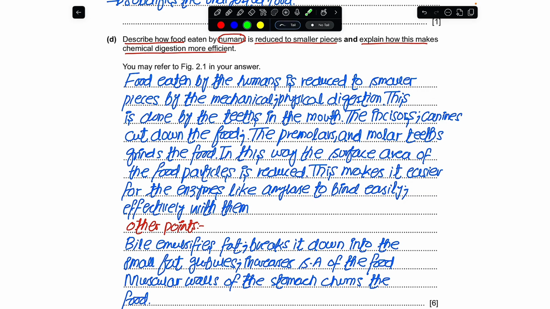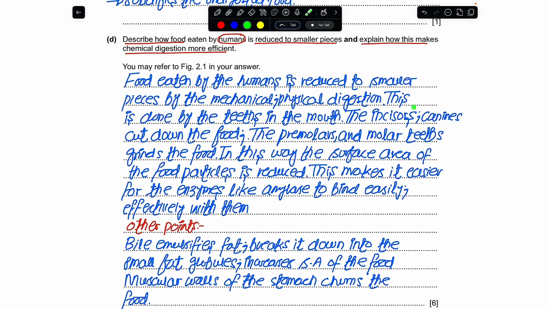Only the first scenario would change: in the mouth it relates to the teeth, in the stomach to the presence of muscles, and with bile to the emulsification process, and the other points would be the same. So if I were to read my answer for you, we would simply say that the food which is eaten by the human is reduced to smaller pieces by mechanical or physical digestion, and this is done by the teeth in the mouth.